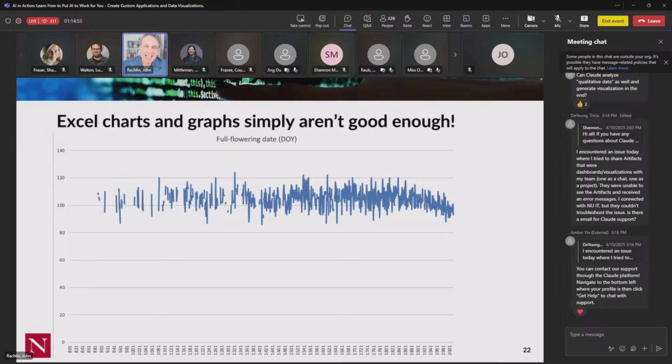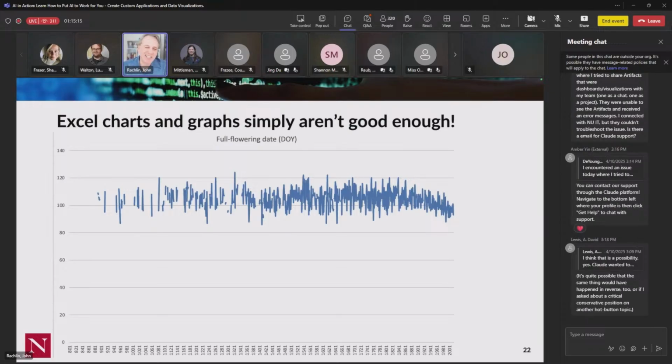And frankly, as a data scientist, I find this simply not good enough, because although you can customize this, it's really challenging to build insightful and beautiful visualizations using spreadsheets. They're not really designed for in-depth scientific analysis. These are clearly just not publication-ready visualizations.